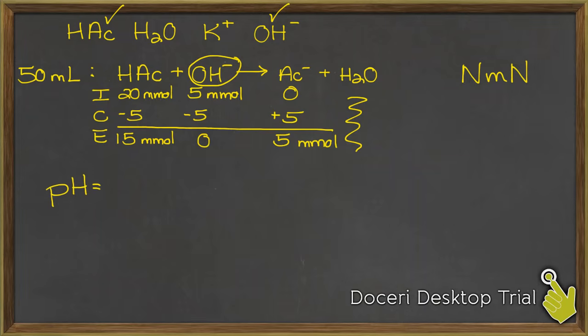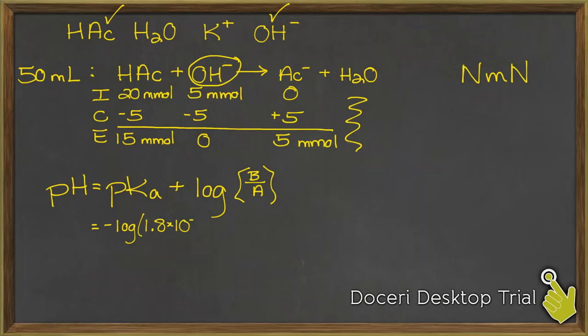Okay, remember, here's the formula for, I call it the Hendy-Haas equation. Log of base over acid. Well, we were given a Ka value. pKa is nothing more than the negative log of that Ka value, plus log of.